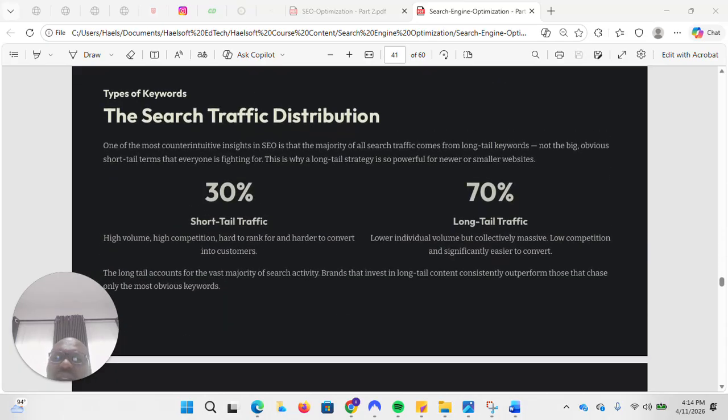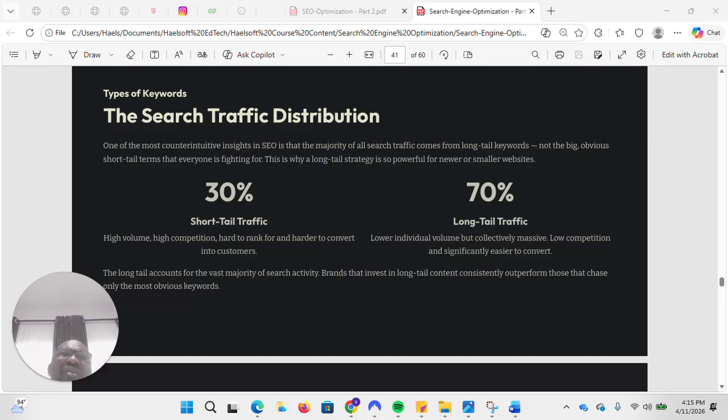Then under the types of keywords, we have different search traffic distribution. We notice that short tail traffic covers at least 30%, while long tail traffic covers at least 70%. So short tail keywords have high volume and high competition, and are hard to rank.